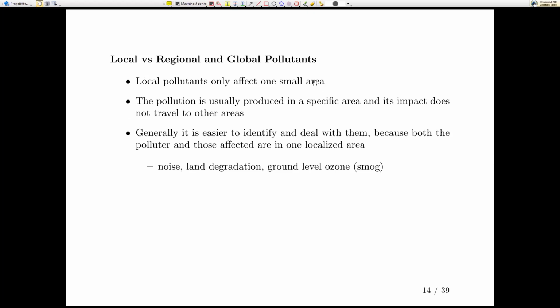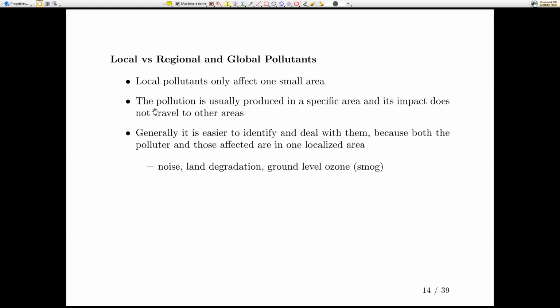If you have one neighbor on the lake, and the neighbor just dumps residues in the water, then you just go to his door and say, please, could you be nice, and can we come up with some ways to deal with that? So that's easy. But if it's regional, if it's global, then it's all that much more complicated to deal with.